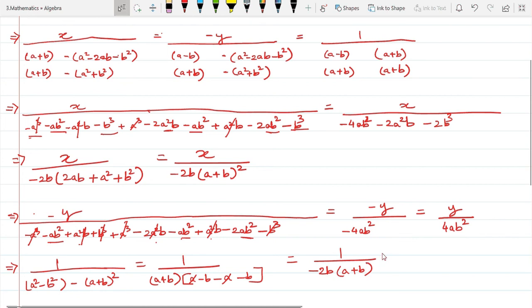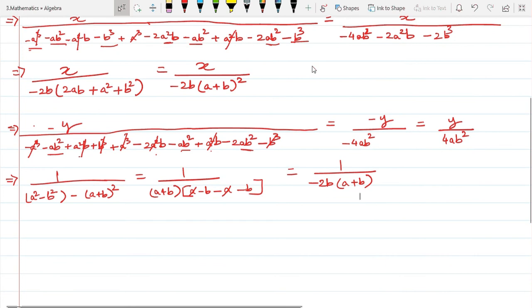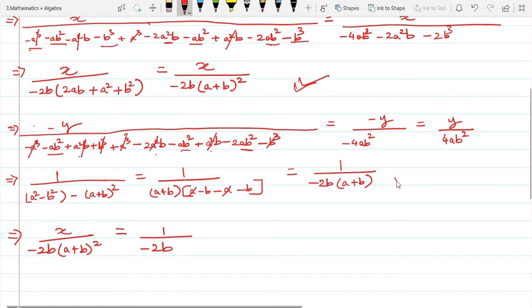Now I have to equate x with the constant part. So I get x upon minus 2b into a plus b whole square is equal to 1 upon minus 2b. So I'm equating this part with this part.